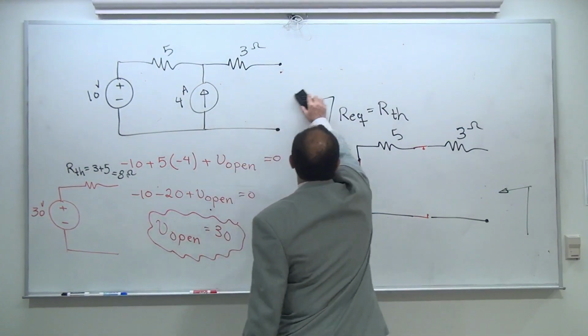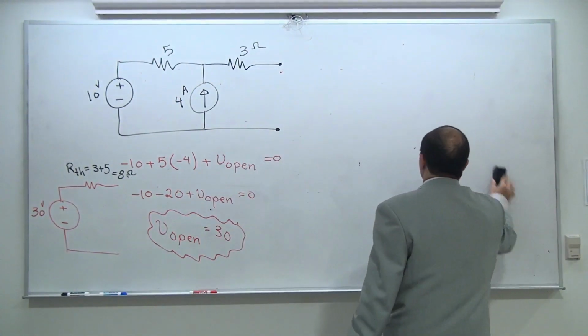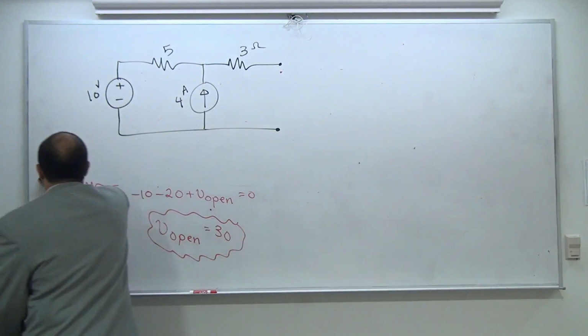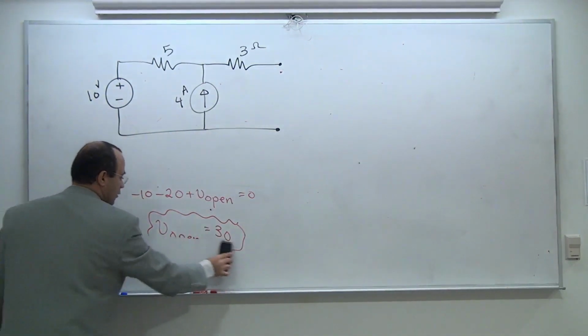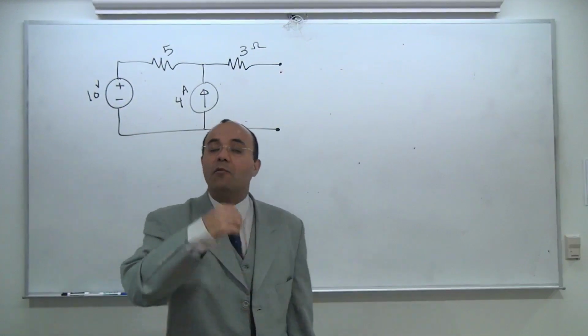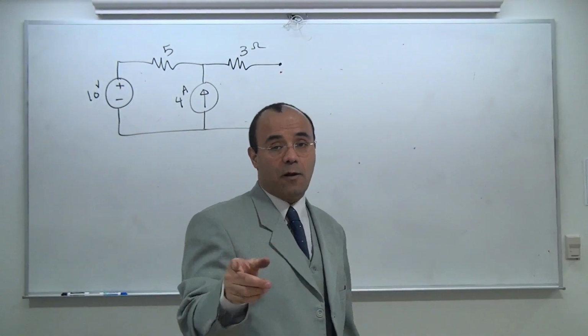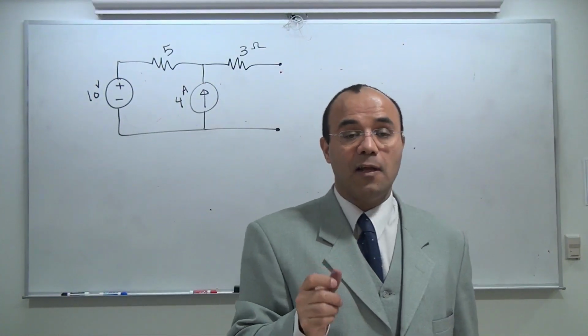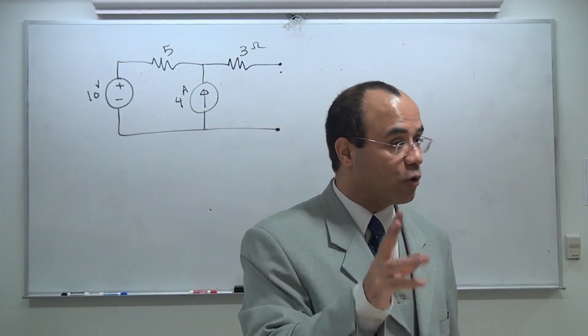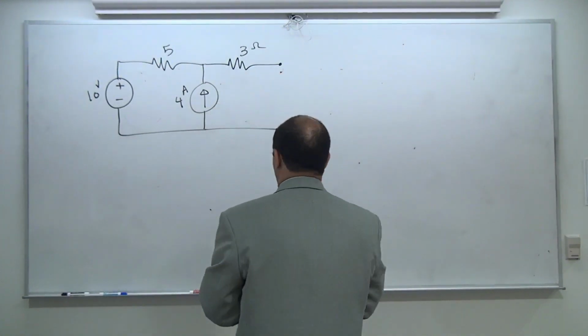Let's go by definition and see how the Norton is going to play out. It may sound like a very difficult topic, but as soon as you pick up and say, I'm going to use mesh, I'm going to use nodal, superposition, whatever technique you have in mind, and I advise against superposition because it means you're supposed to solve the design 2 or 3 times depending on the number of independent sources you have. So please don't go that far.